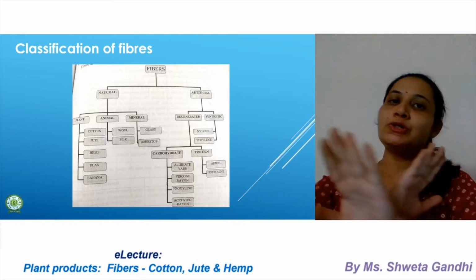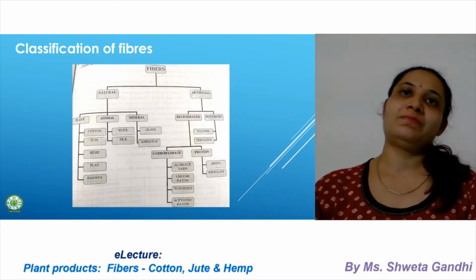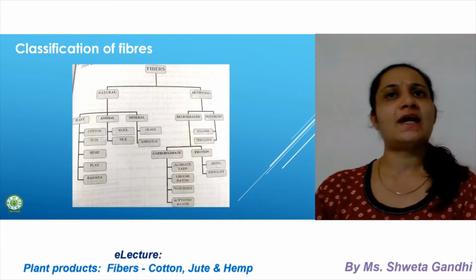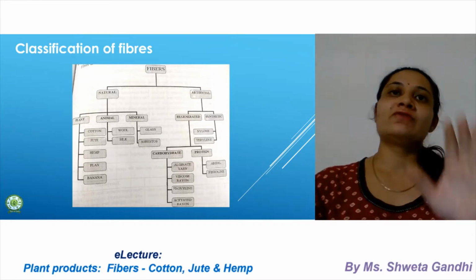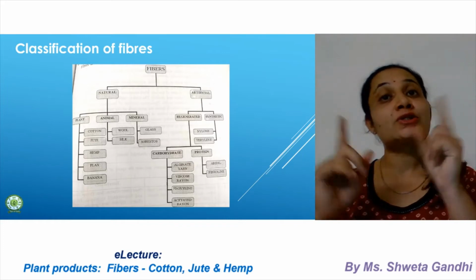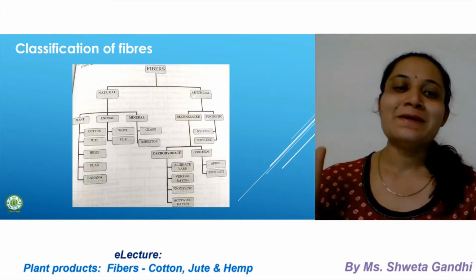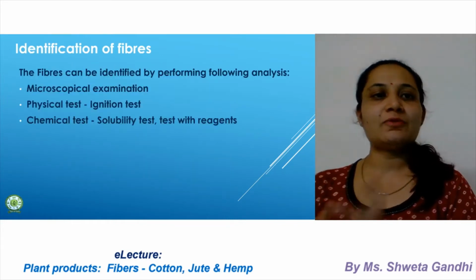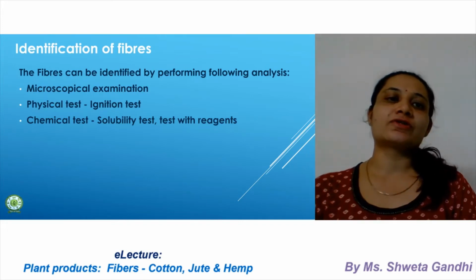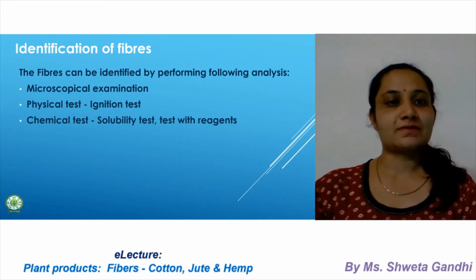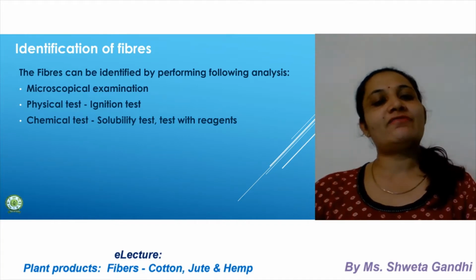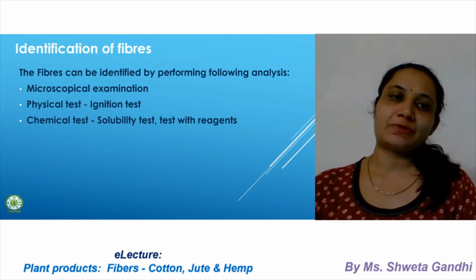So basically you should be clear that fibers are of two types: natural and artificial. Forget about artificial. Here we emphasize the natural, and in natural also the plant fibers. Got the point? Next, identification. How will we identify the fibers? They can be identified by different analytical procedures.